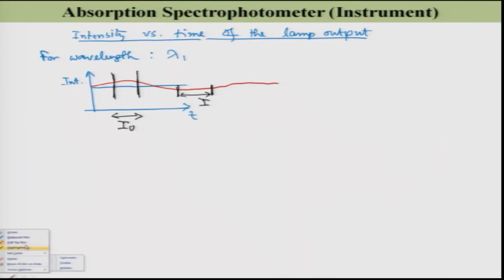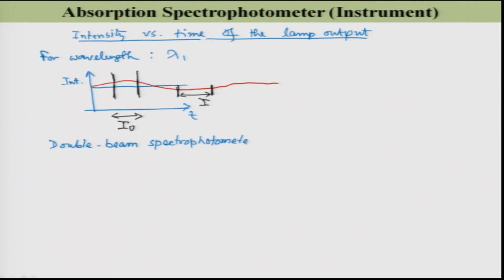So, in case of a double beam spectrophotometer, how am I going to solve this problem?